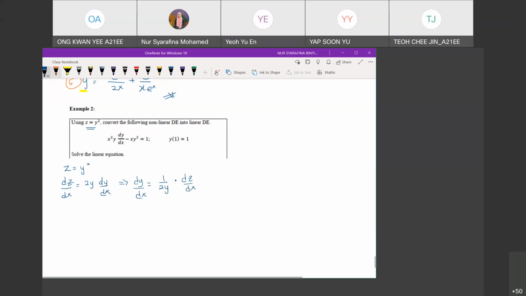Okay, this is your first step. Use the substitution. Then substitute into the problem. So now you have x squared y dy/dx minus x y squared equals 1.